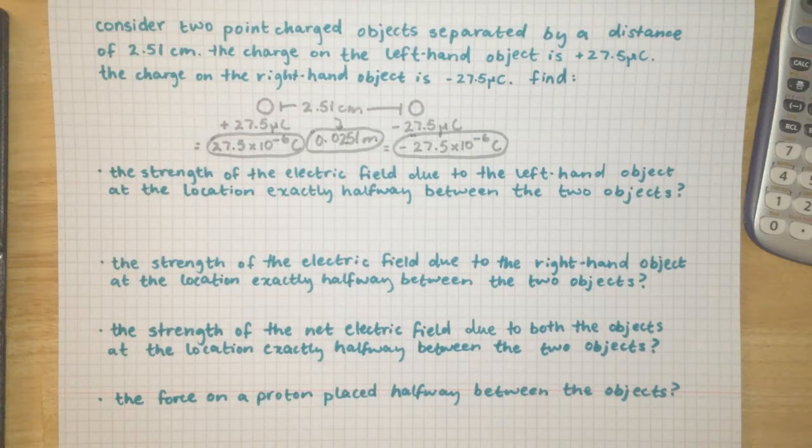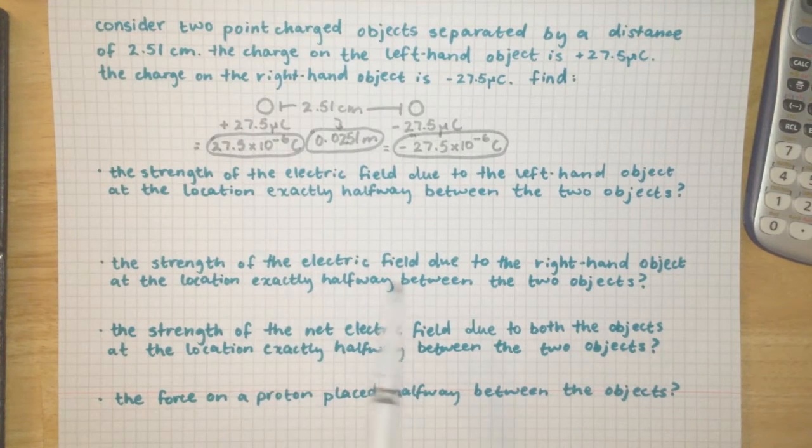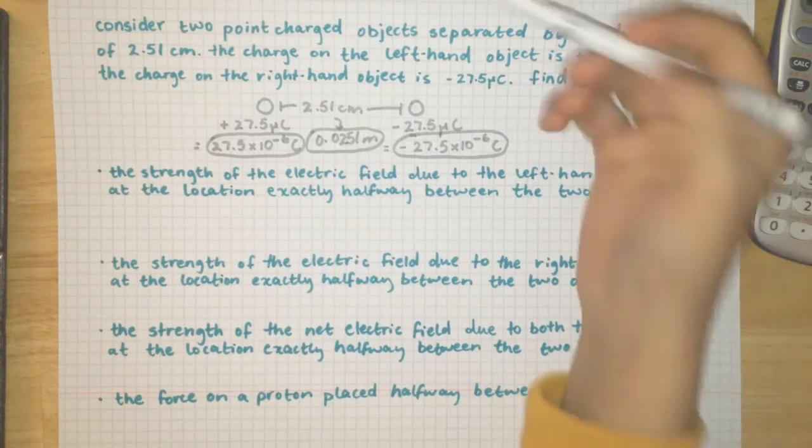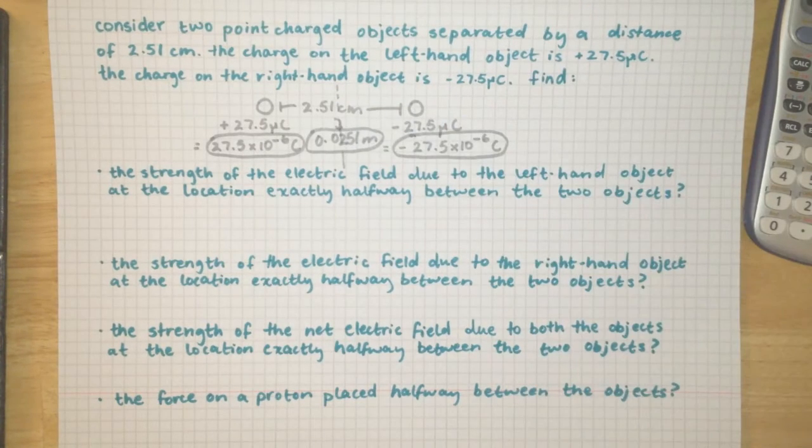So the first scenario is we are asked to find the strength of the electric field due to the left-hand object, so this one, at the location exactly halfway between the 2 objects. So somewhere just over here.